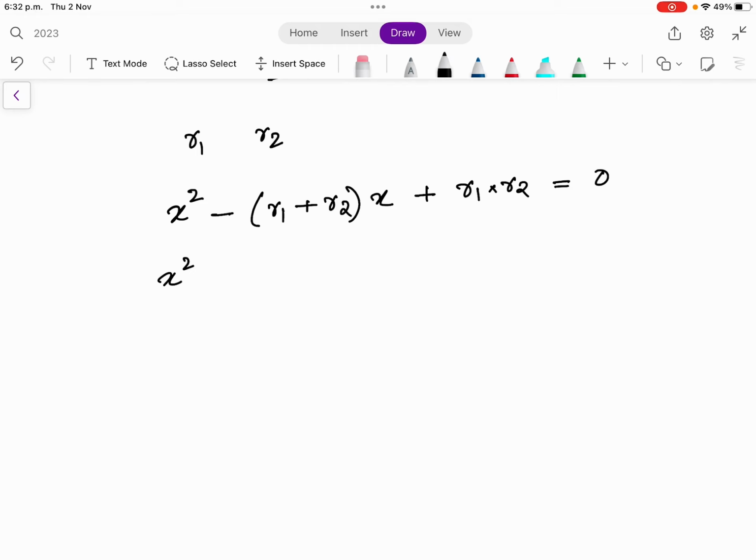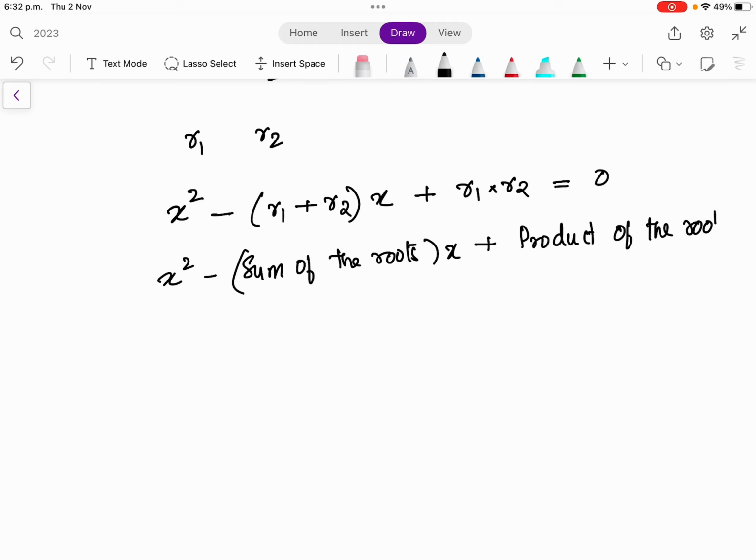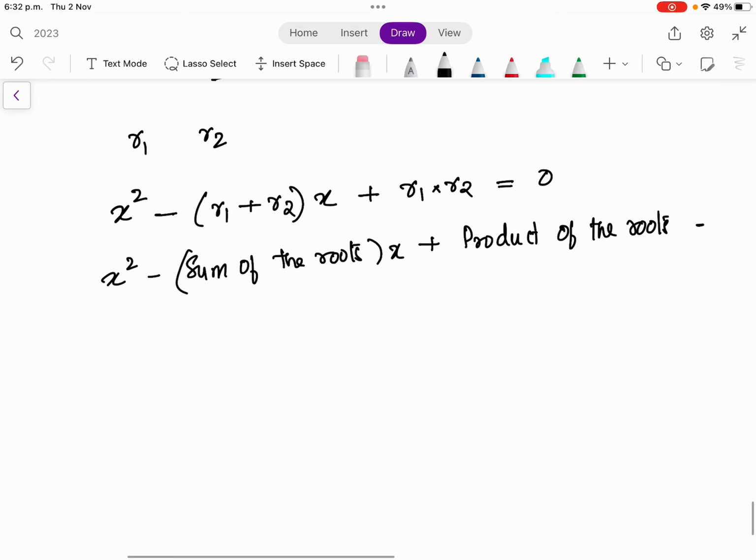This can also be written as x squared minus the sum of the roots times x plus the product of the roots, which is equal to 0. So remember, it is the sum of the roots with a negative sign here, and then the product of the roots.